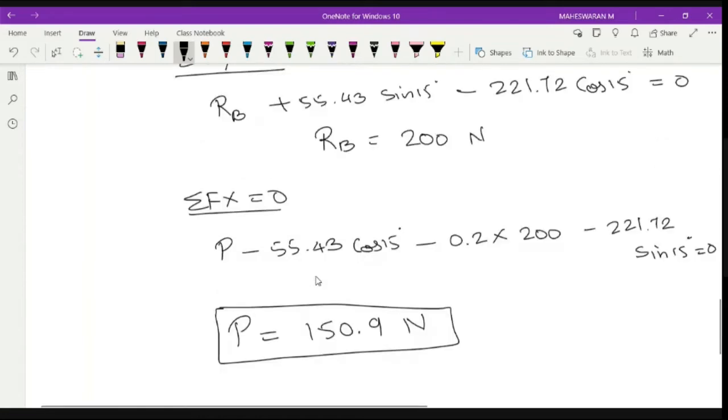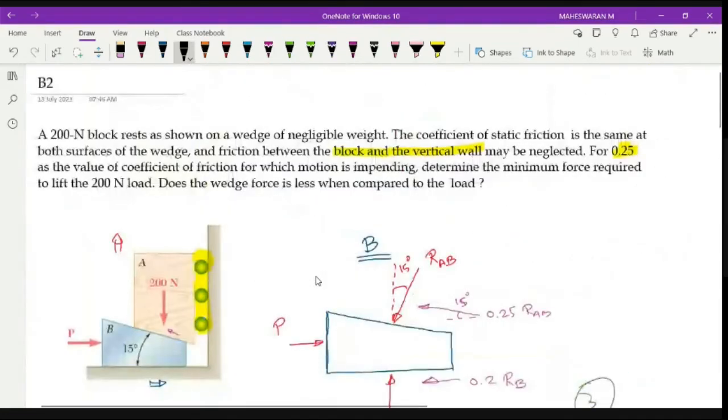You can see here the overall weight of this object is 200 Newton. But if you apply a wedge and apply a force, that is lesser.